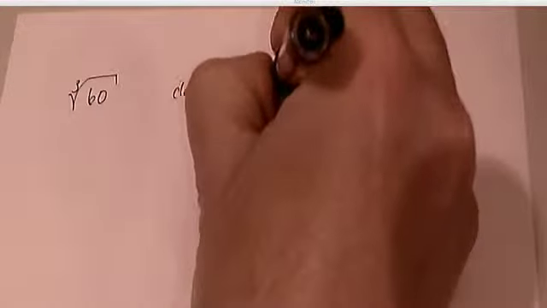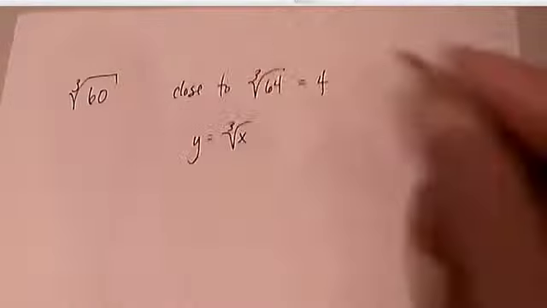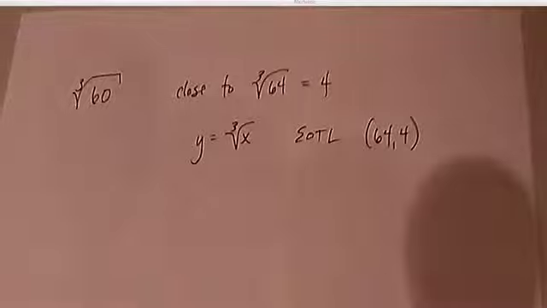Okay, well let's do it with another root. Let's say that I'm given the cube root of 60. Well, I know that that is close to the cube root of 64, which as I know is 4. So let's go ahead and evaluate the cube root of x, and we'll get the equation of the tangent line at 64, 4.